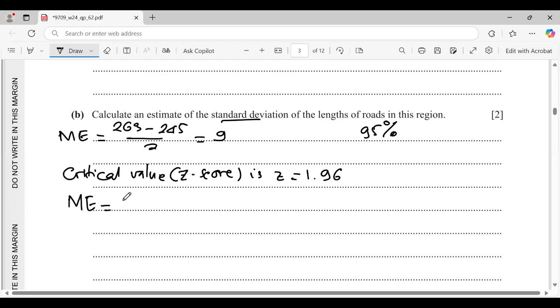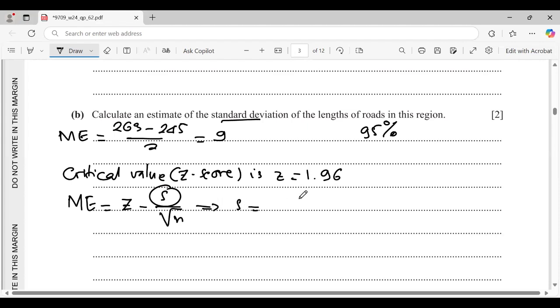So the margin of error formula is Z times S divided by square root n. Or we can rearrange this formula with S as the subject, because we are going to find the standard deviation.